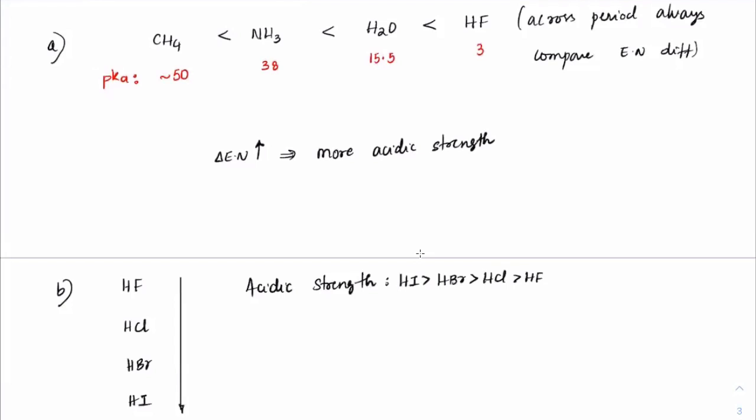So here we are considering the size of the anion, correct? The larger the size of the anion, the more the acidic strength.